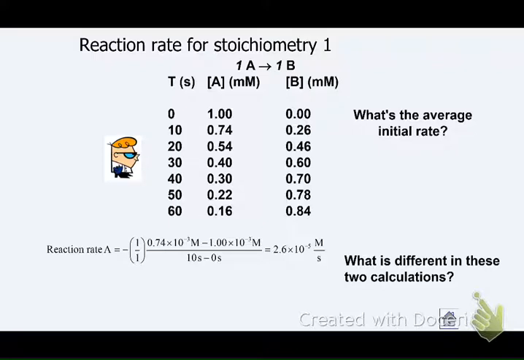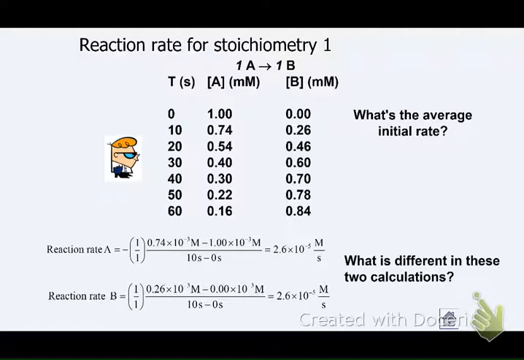Okay, so let's try this. We're going to calculate the average initial rate. I actually did one for you, but you can follow through with me. Normally we want these things to be in molarity units. This is time, and this is the concentration of the reactant or the product, and I'm going to calculate the reaction rate.